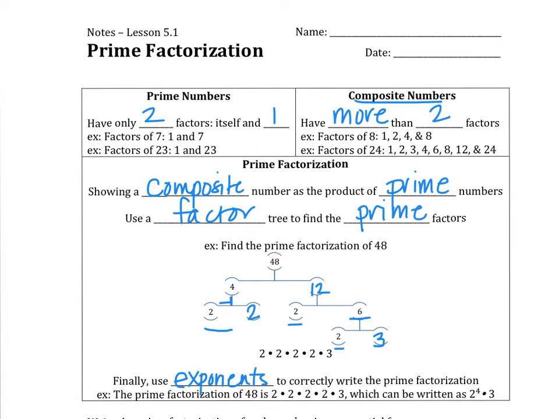So from what we had before, we have 48, and that is 2 times 2 times 2 times 2 times 3. So we broke it down into its primes, and then we write that as 2 to the 4th power times 3.